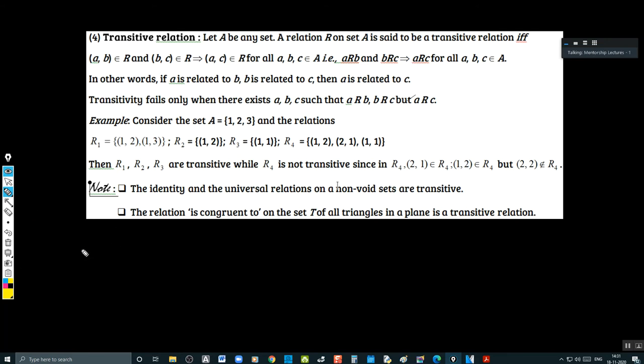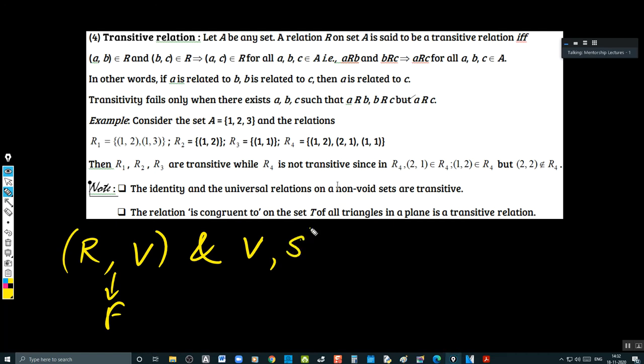Let us take an example. Rahul is father of Vicky, let me say. The relation is father. And Vicky is brother of something like Sushma, let us suppose.